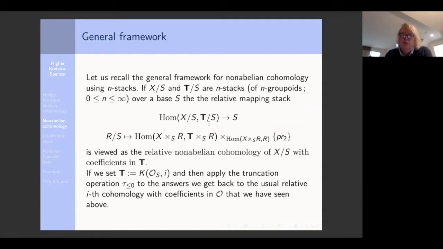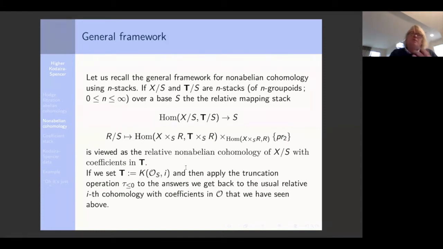What we'll do today, T will be constant over S, but it could be non-constant. So if we set T equal to K(O_S, i), that means the Eilenberg-MacLane stack for the sheaf of abelian groups O_S. So this is a stack whose homotopy group stacks are equal to O_S in degree i and equal to 0 in other degrees. The theory of n stacks tells you that those are the homotopy group sheaves.